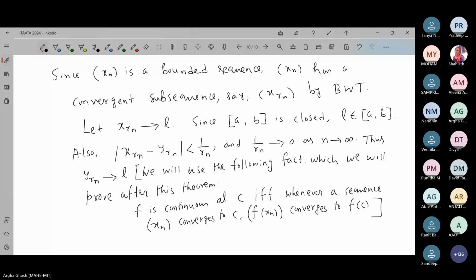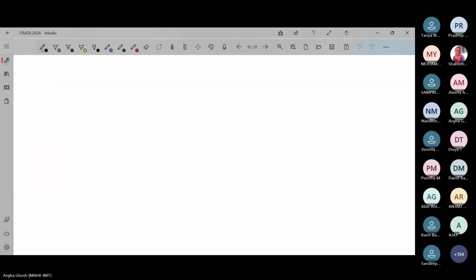Now, L is an element of this closed and bounded interval [a, b], and the function f is continuous on the closed and bounded interval [a, b]. So therefore, the function is continuous at L. So f continuous at L implies, look over here, XRN converges to L as well as YRN converges to L, correct?